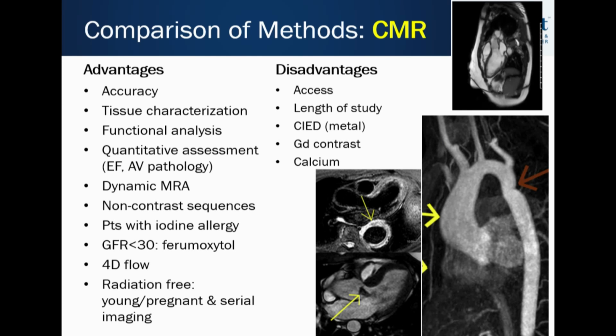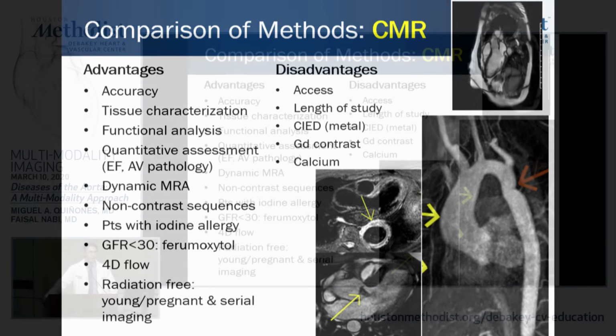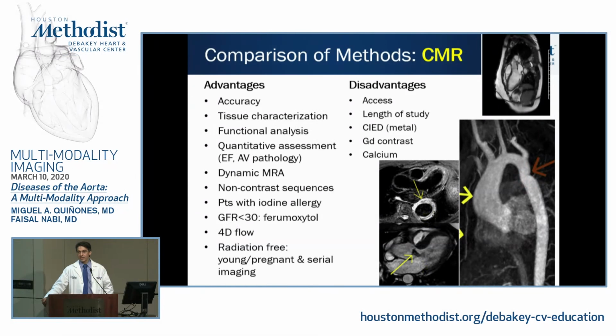As you know, gadolinium does have a limitation in those patients who have GFRs less than 30, and here at our institution, we've been using ferumoxytol in those patients. We'll talk a little bit about 4D flow, which is possible now with CMR, and this is a completely radiation-free technique.